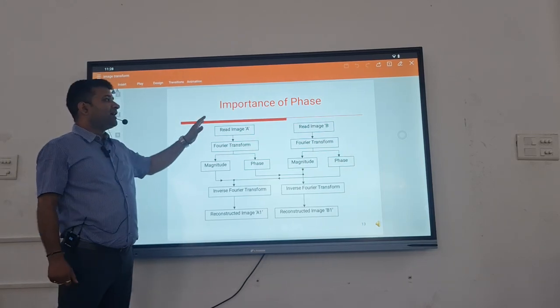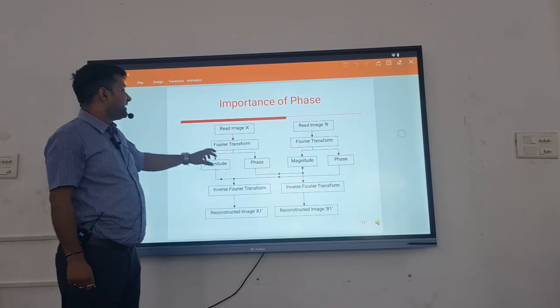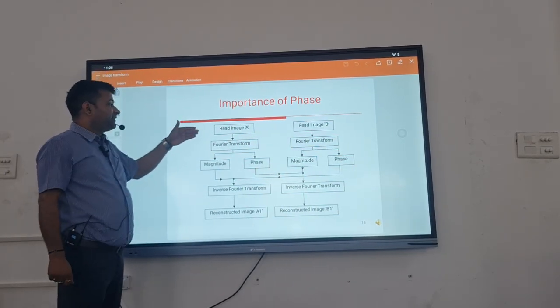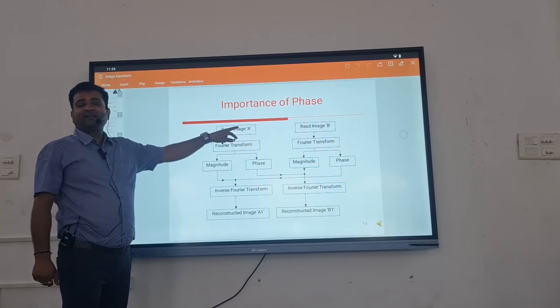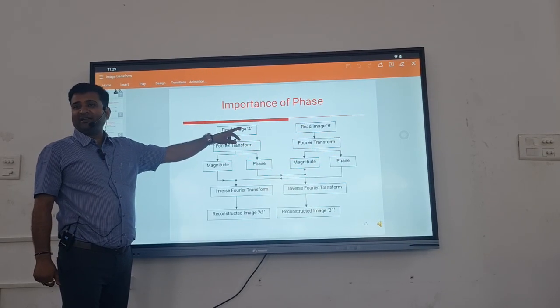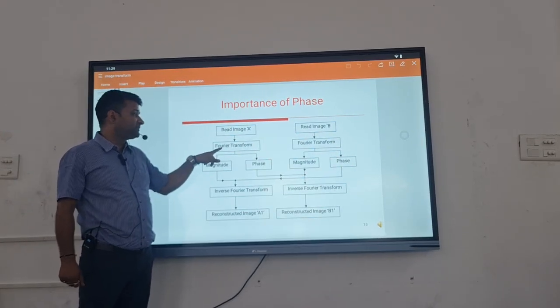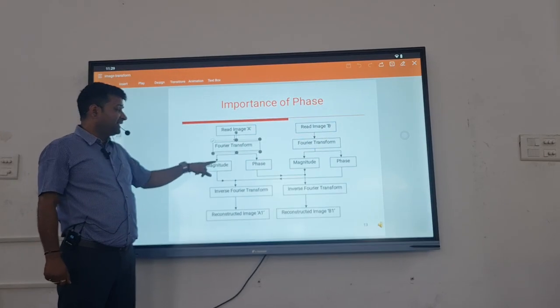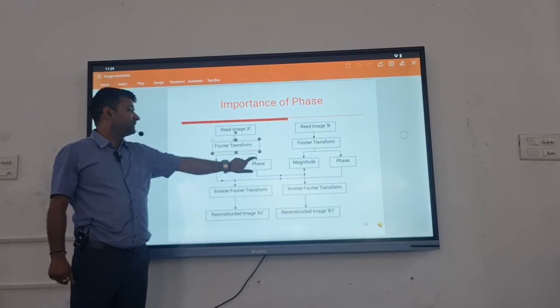Here, for example, you have taken two images, image A and image B. Here you have read the image, classified as image A, and taking the Fourier transform of this image and then taking the magnitude and phase characteristics of this image.